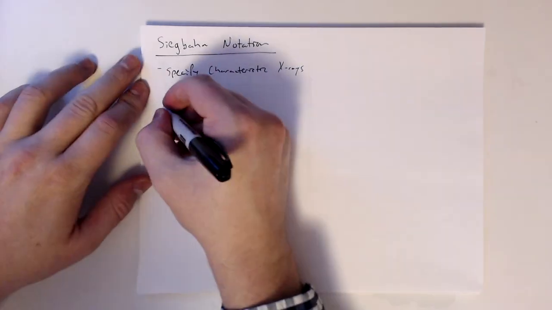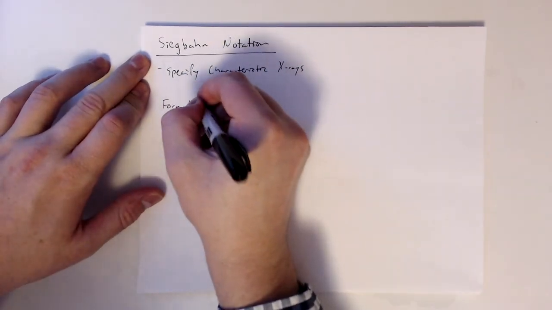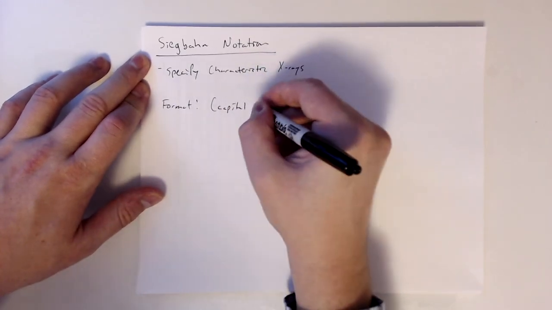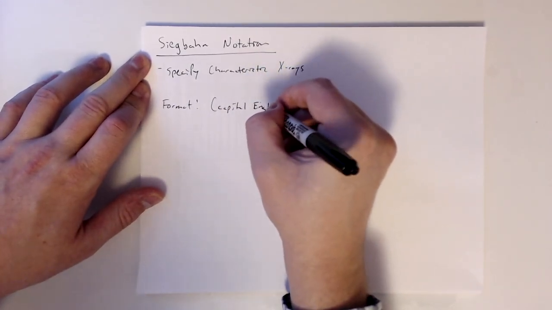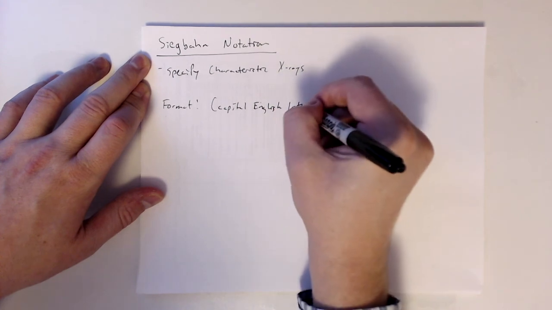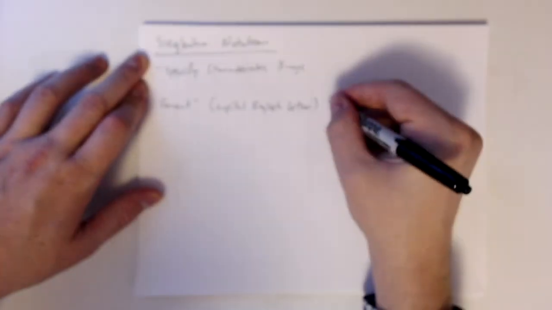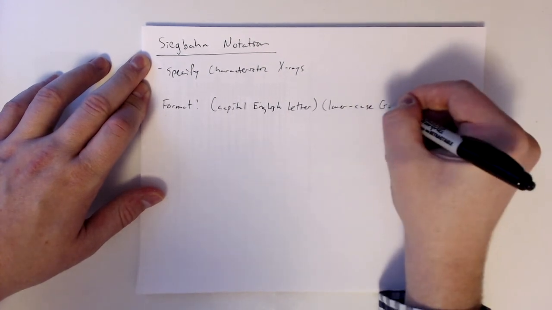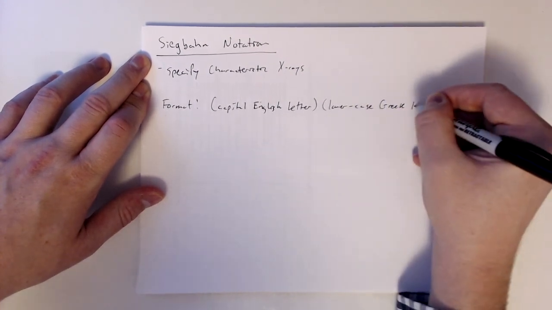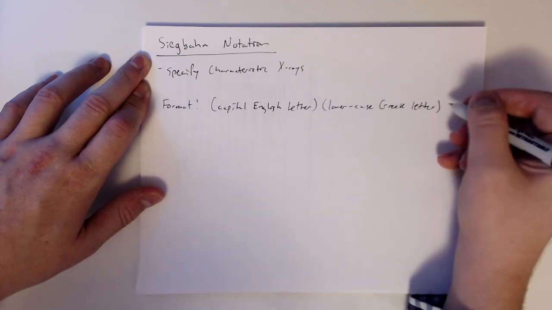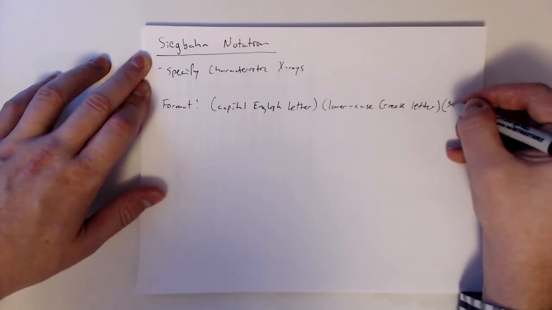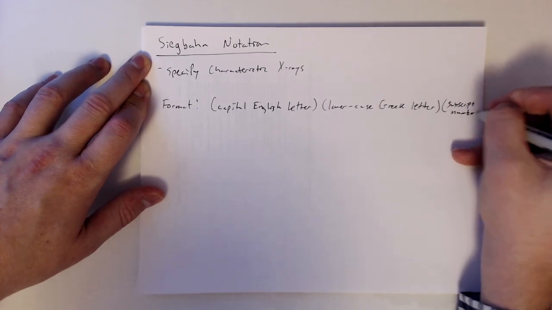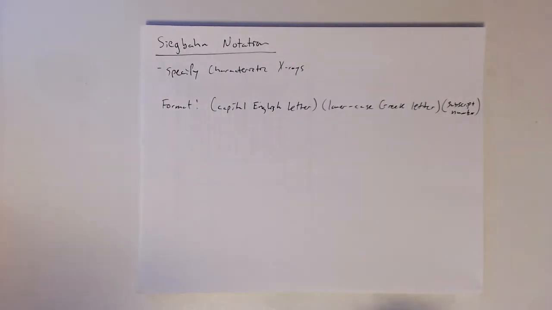So the format here is a capital English letter followed by a lowercase Greek letter, and then a subscript number. Right? So that's what we've actually seen.